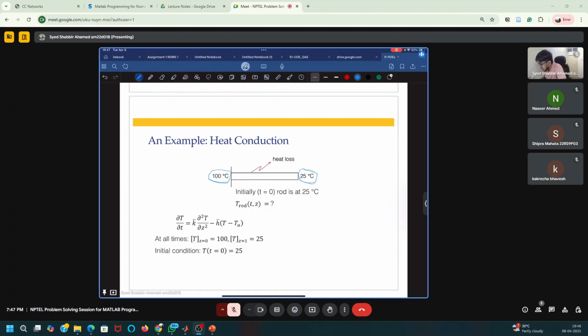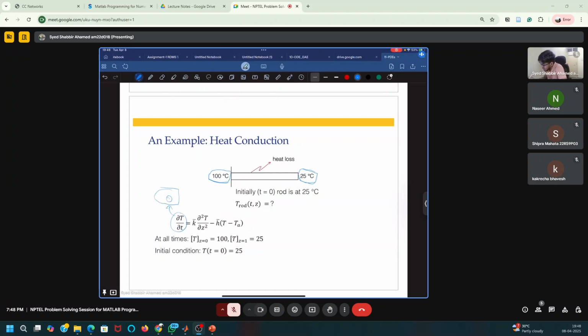Earlier, in the last week, we had solved the same problem when ∂T/∂t, the ∂ capital T by ∂ small t, is 0. That was the steady state, but this is a transient state problem. So it means that as time is varying, the temperature is also varying at various points in the rod. We will see how we can solve it.